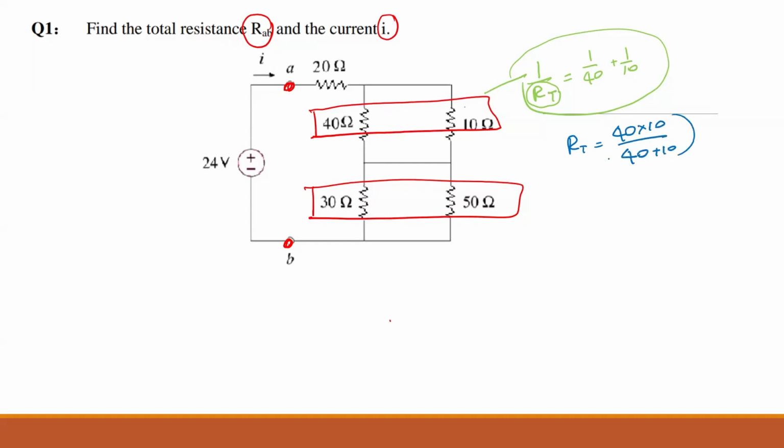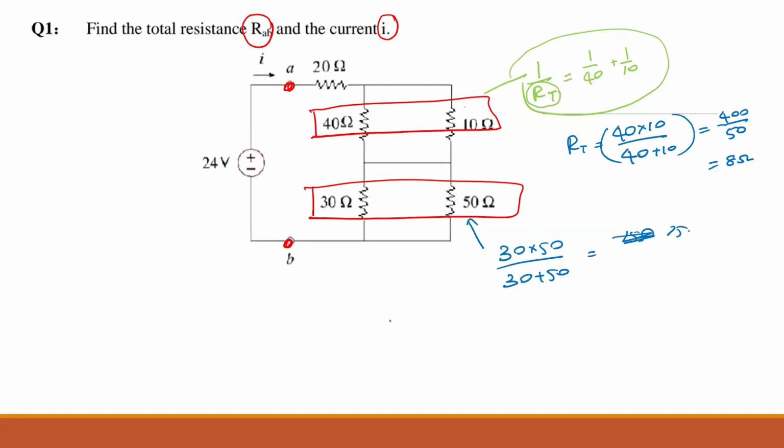Do you remember this? Yep, I wrote it down. Okay, so you can find it easily. That is 400/50, which equals 8 ohms. You can do the same thing here. 30 times 50 divided by 30 plus 50, which equals 350.